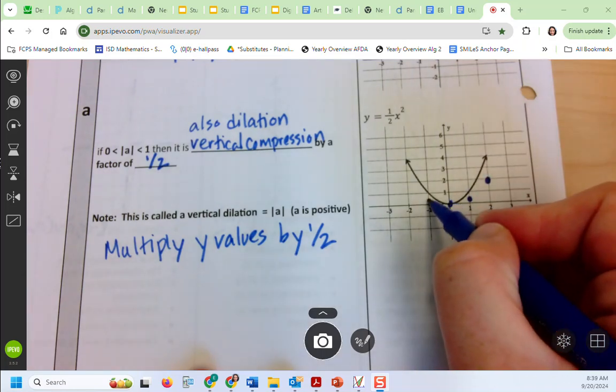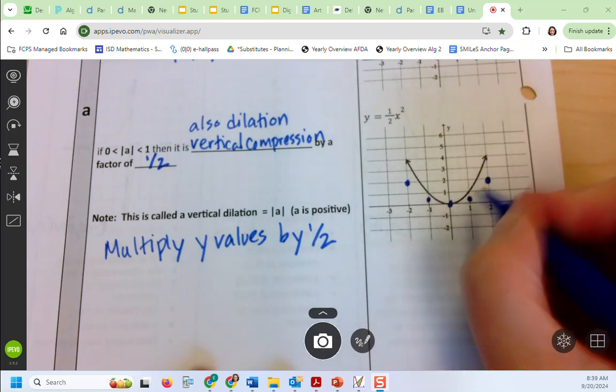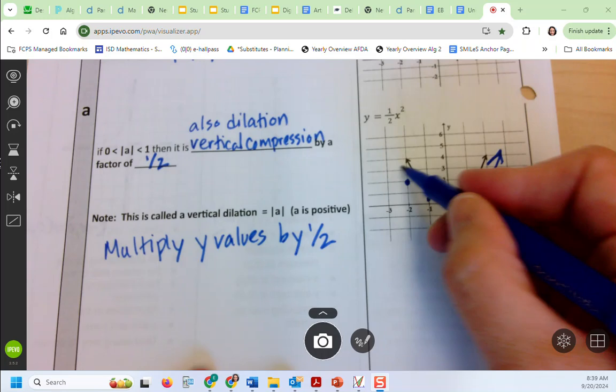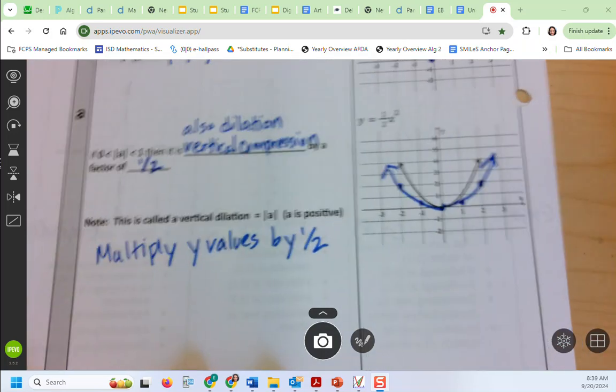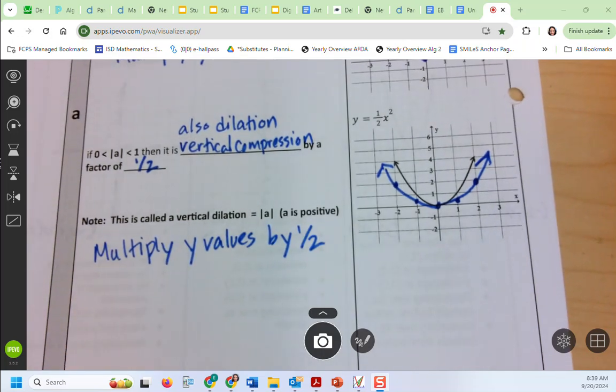Half of 1 is 1/2. And half of 4 is 2. So you notice it gets shorter and it gets wider. All right, you guys okay if I turn the page?